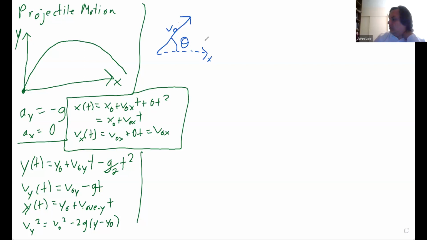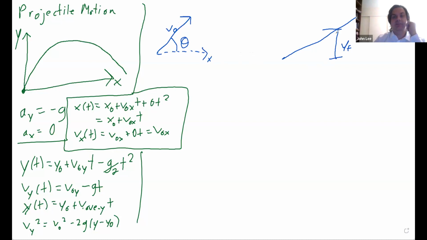And it goes off into the stands, some distance y final over the initial y, where y initial equals 0.